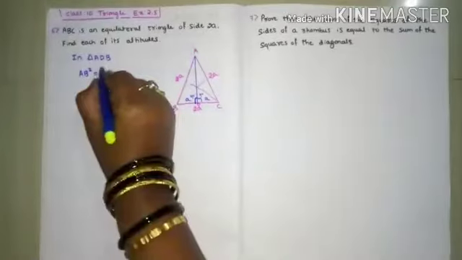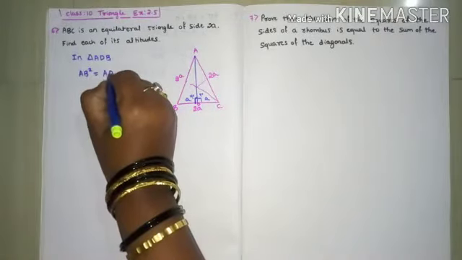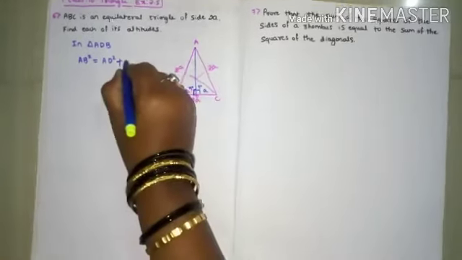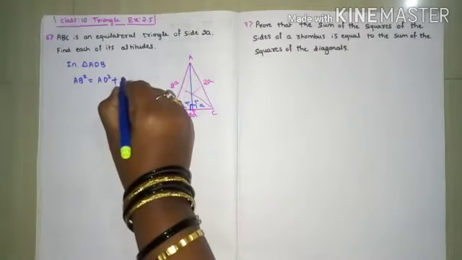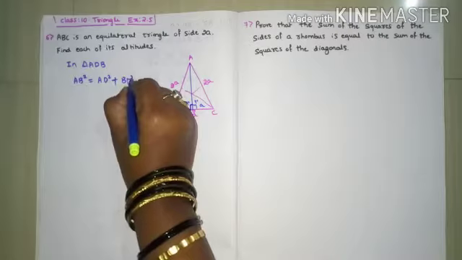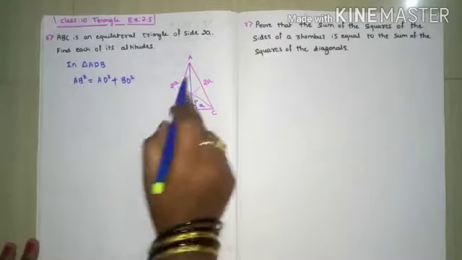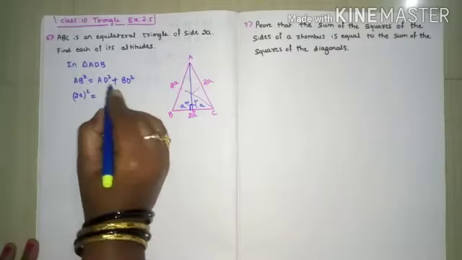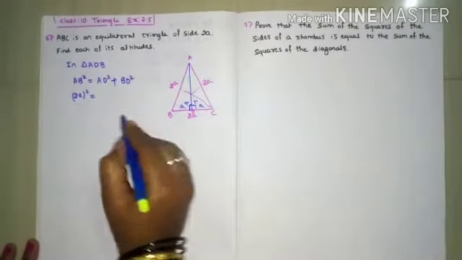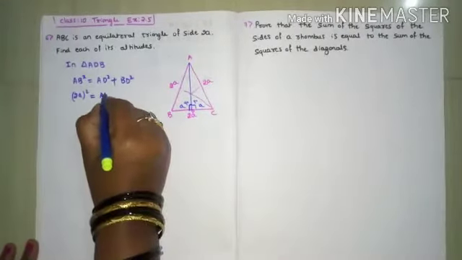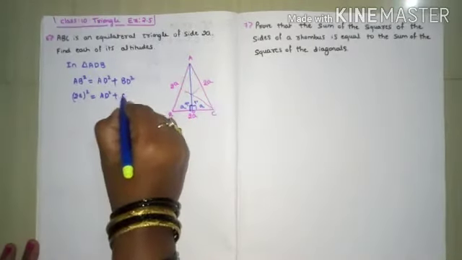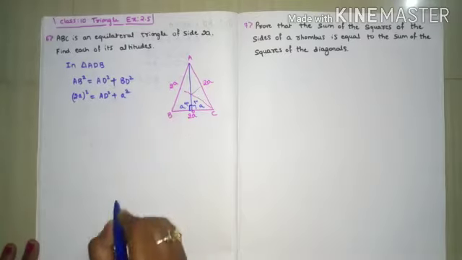This one we don't know. So AD square plus BD square. Now AB square we know, 2A whole square. AD is as it is, plus BD is A, means A square.